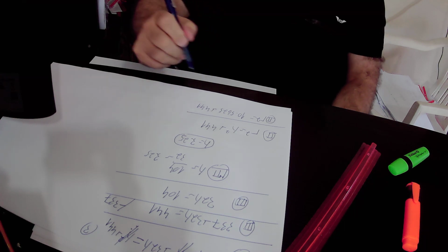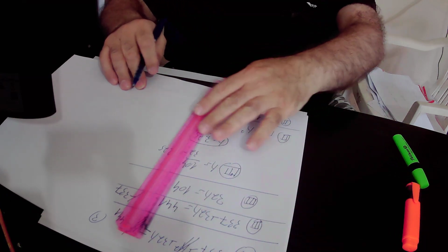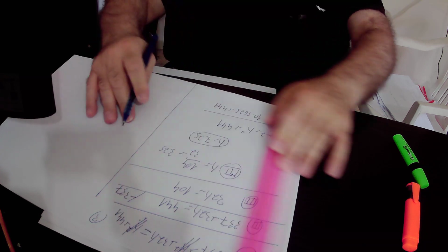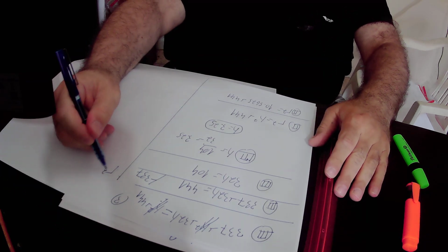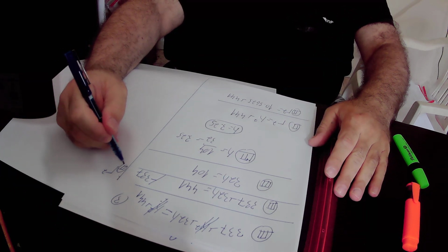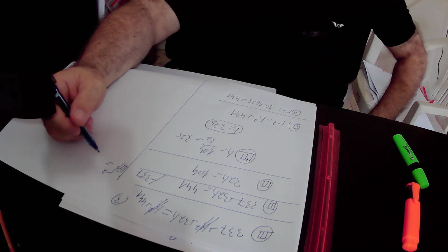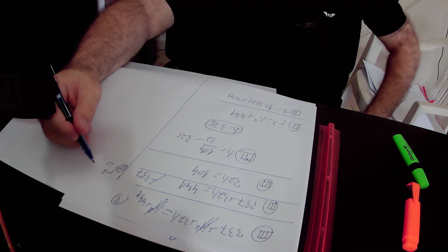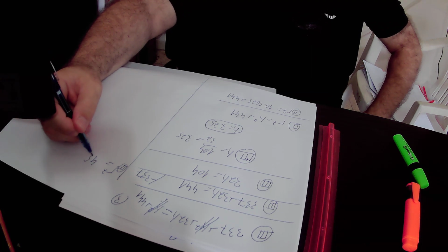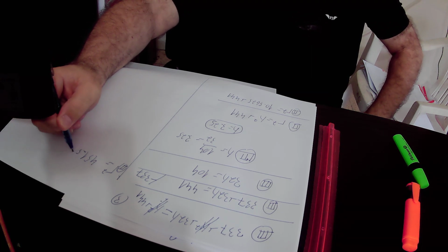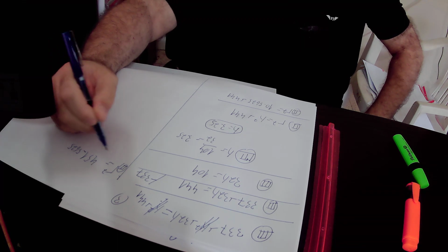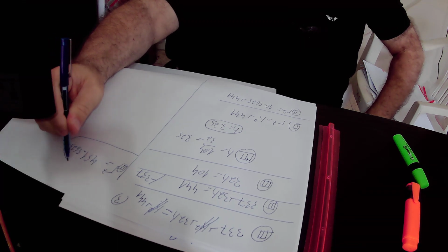So in conclusion, according to equation number 2, we found out that r square equals 441 plus 10.5625, which is 451.5625. So we found out that r square equals 451.5625.